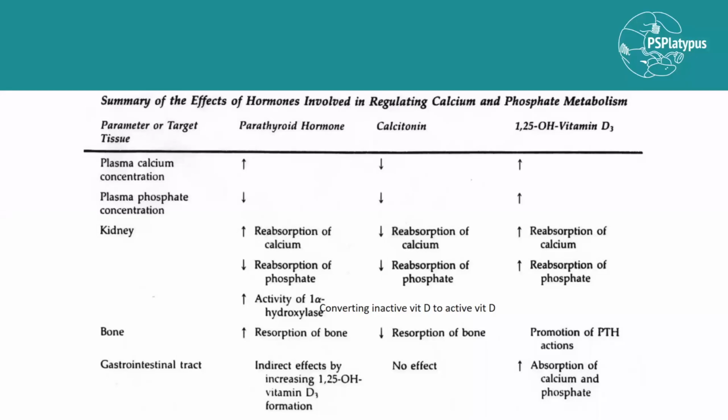This is a slide that shows a summary of the effects of the hormones involved in regulating calcium and phosphate metabolism in our body. It showcases what parathyroid hormone does in comparison to calcitonin as well as vitamin D, our three key hormones in the regulation of calcium balance.